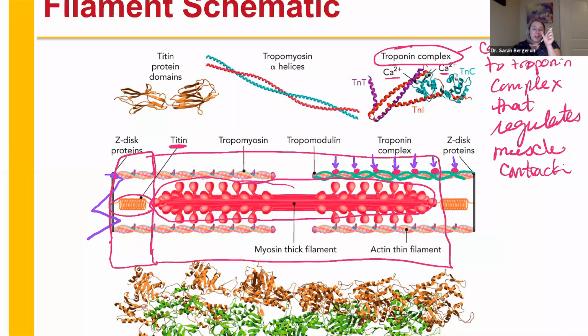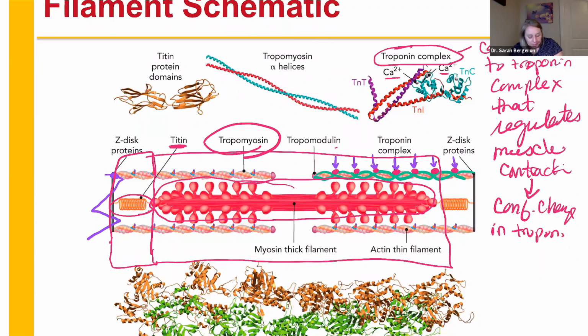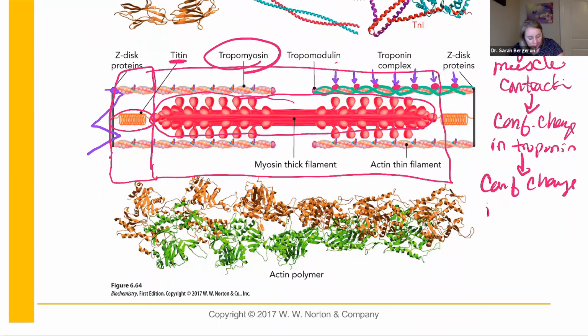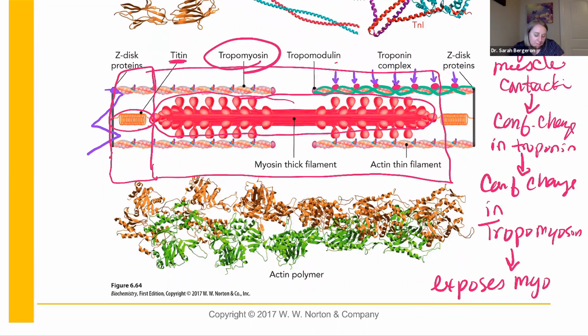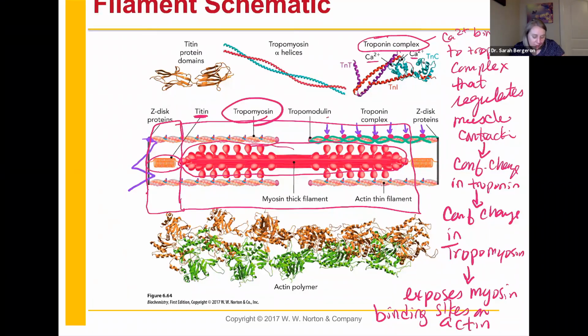Troponin induces a conformational change in the tropomyosin. So you get a conformational change in troponin. That causes a conformational change in tropomyosin. And this exposes myosin binding sites on actin.